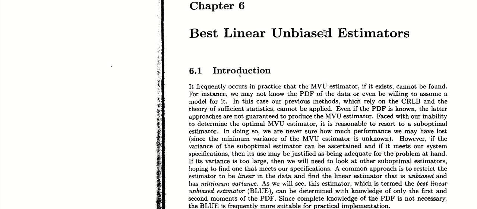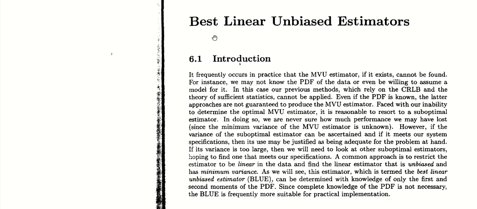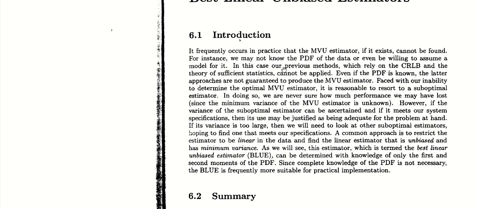Of course, you all know about unbiasedness. Unbiasedness means that if we take the expectation, it has to be equal to the true value. And best. So let's see how people look at this.